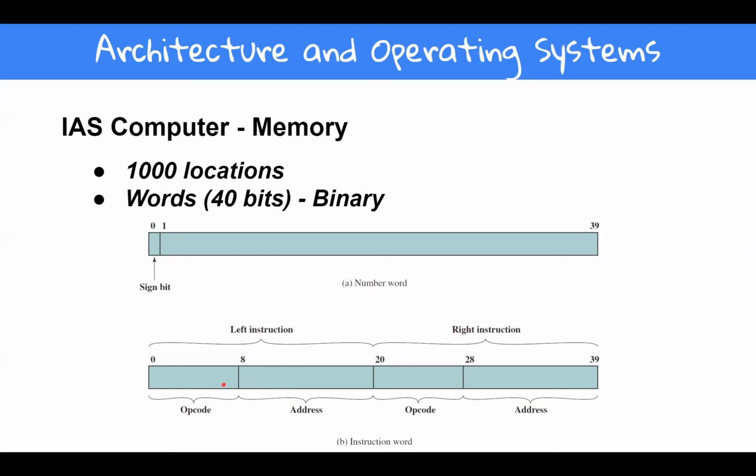For example, you want to add two numbers. One of them is in the first row and the other one in the second row. First of all, you need to go and read. For example, 1 is reading a number. Read the first word. The first instruction reads the first row, so you have to give the address here. Then the second instruction is to add. For example, the code for adding is 2.